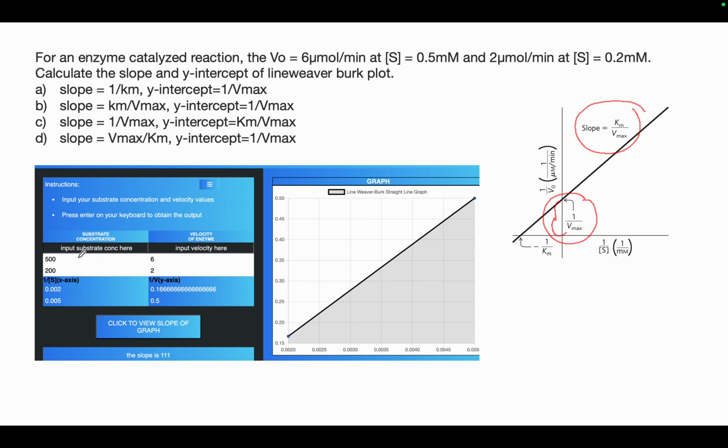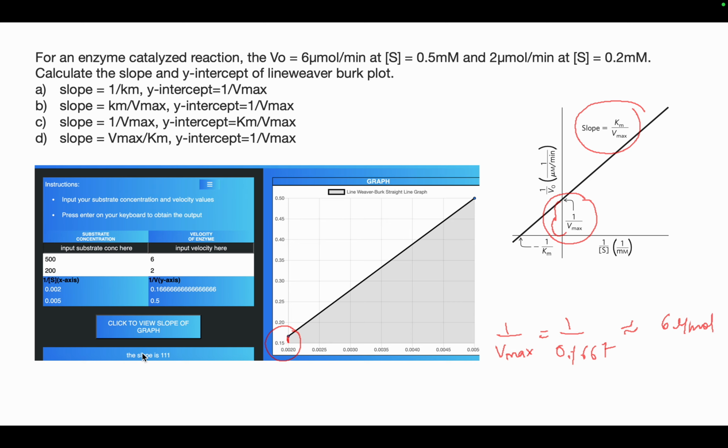So if we have 500 substrate, this is how the graph will look like. The intercept here, 1 by Vmax, is equal to 1 by 0.167. This is the intercept, this length, which is approximately equal to 6 micromole.